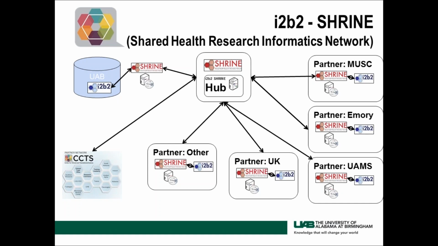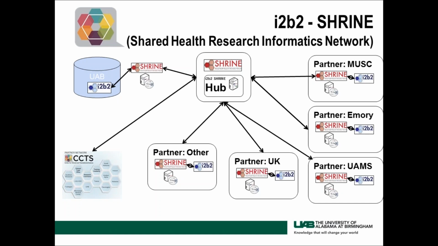So you know what the macro level patient population characteristics are at other institutions immediately, and can have access to that information just like you can get counts at UAB. And the flip side is that they can also do that with us. So it's driving multi-institutional collaborations from both directions.